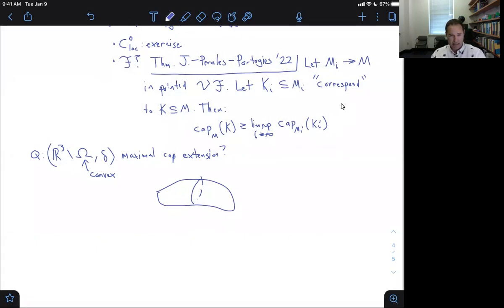And I think either way, the answer is going to be interesting, because if the answer is no, then there's some other more efficient configuration than Euclidean space, which I think would be interesting. And if the answer is yes, I'm not sure about the techniques that would characterize this case sharply, but I think that would be interesting too.